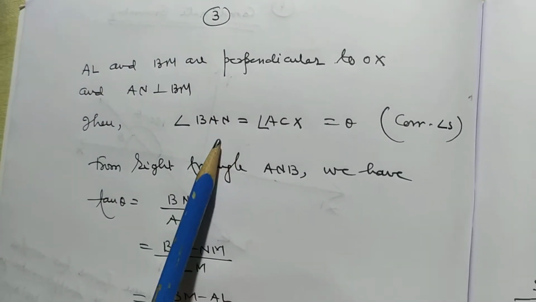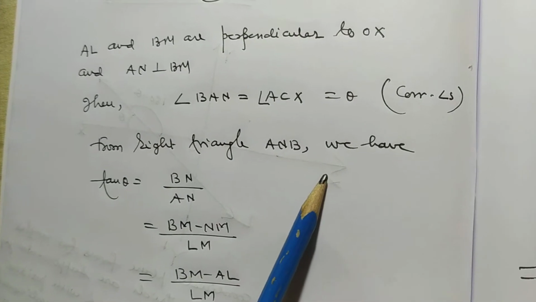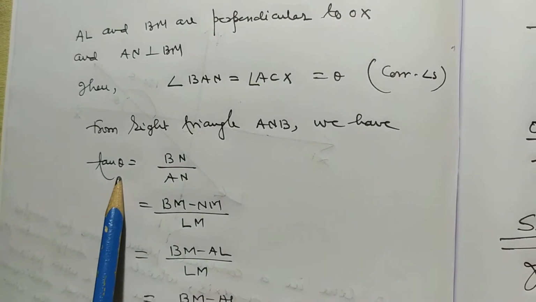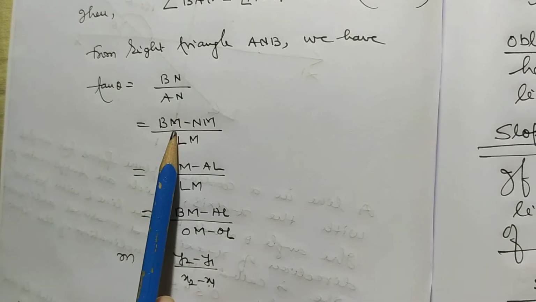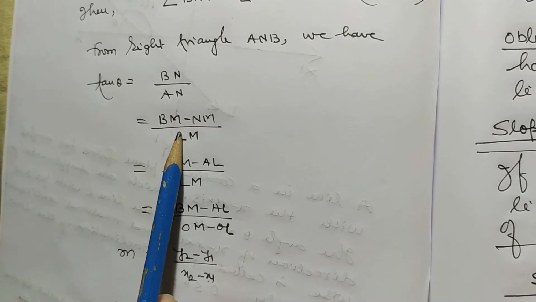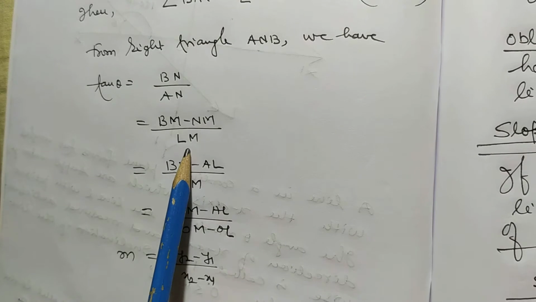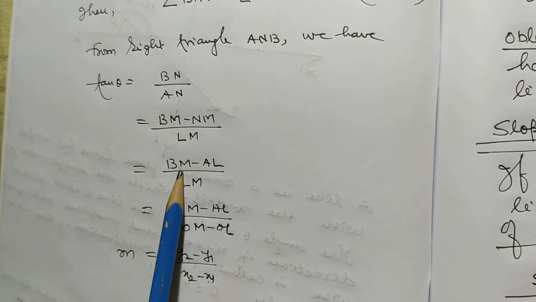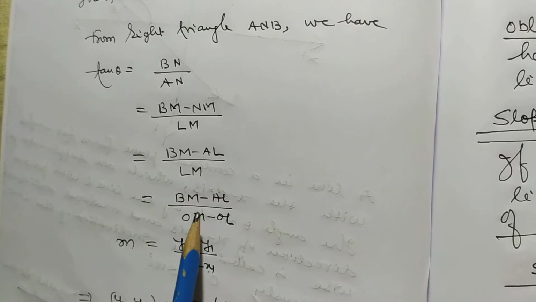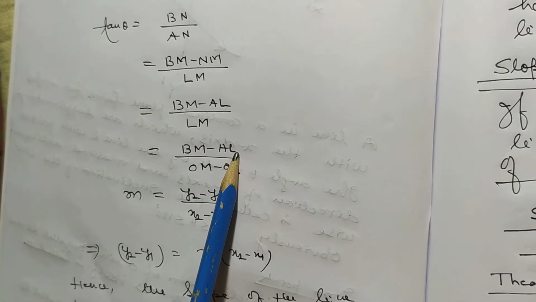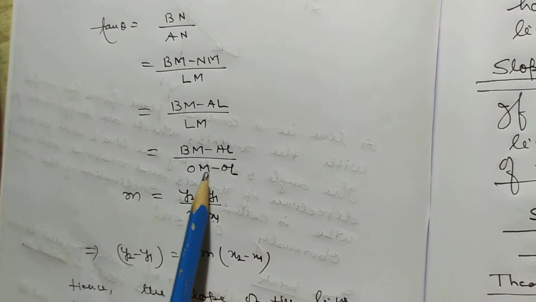Now see, in the right angle triangle, we have tan theta is equal to BN by AN. BN can be written in terms of coordinates as BM minus NM by LM, and NM is equal to AL. So BM minus AL by LM minus AL, that is, by OM minus OL.